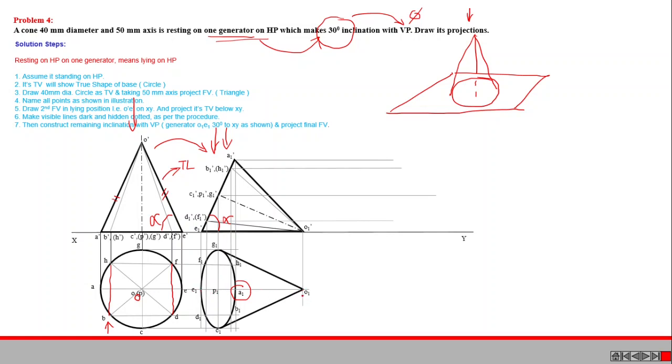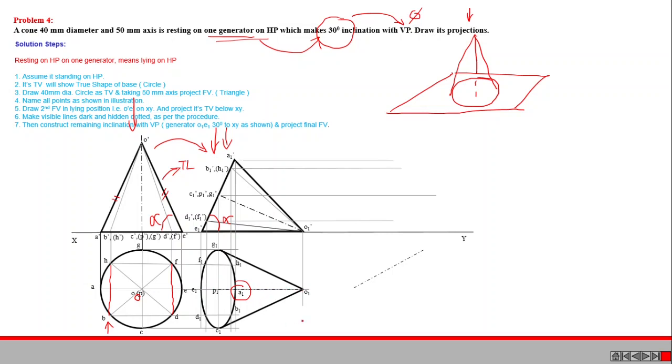Here E1 O1 is in true length, so that we can represent this angle, true inclination with VP phi, in this particular top view of the generator, because the top view of the generator E1 O1 shows the true length.